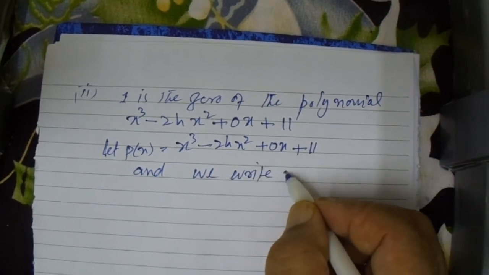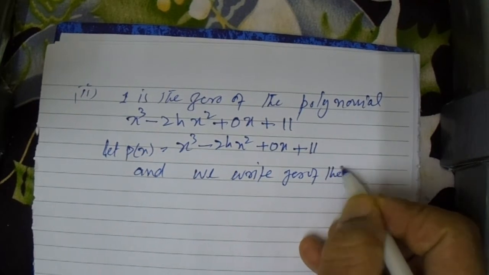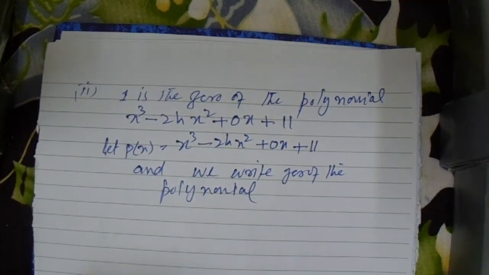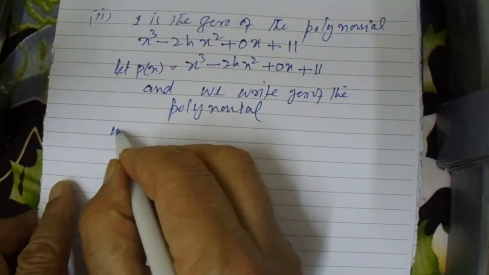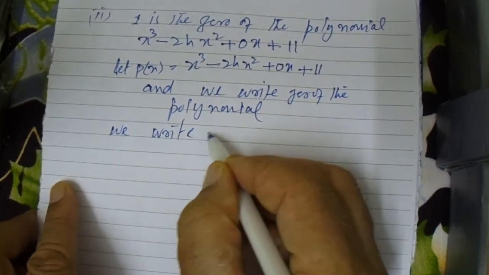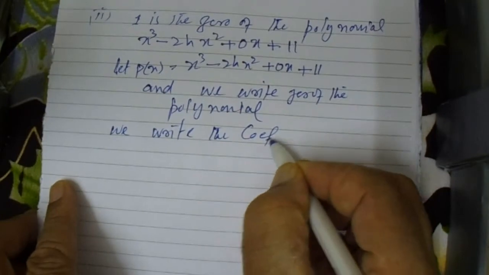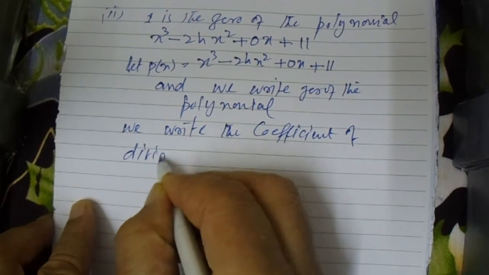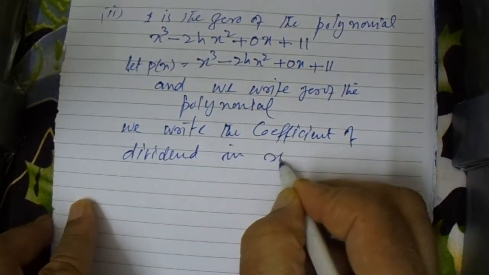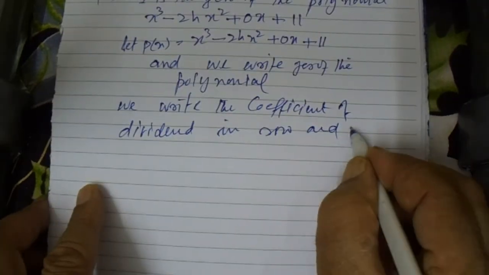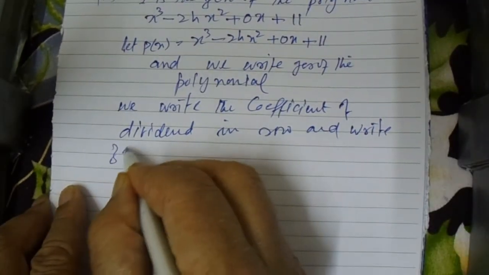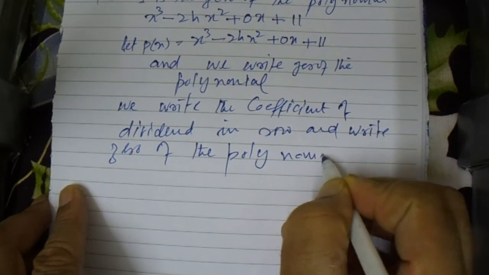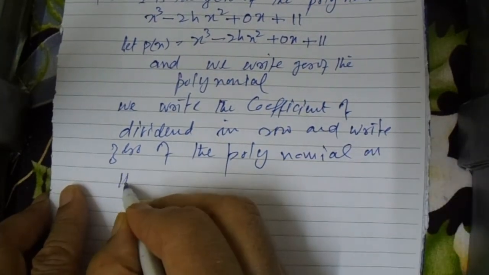We write the coefficients of the dividend in a row, and write the zero of the polynomial on the left side.